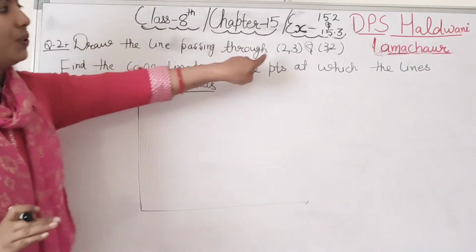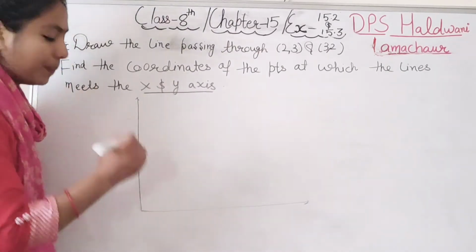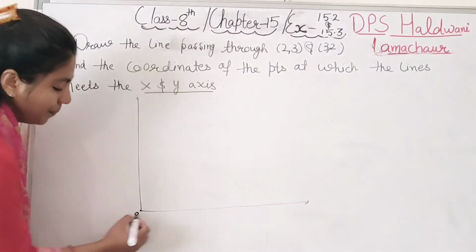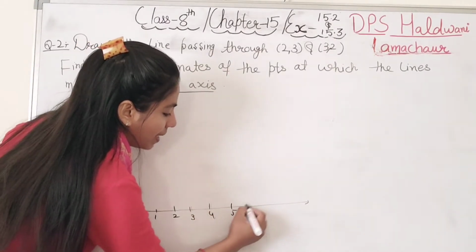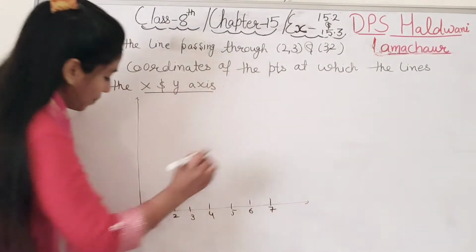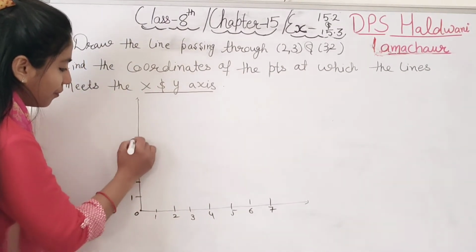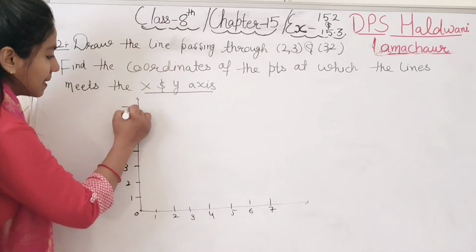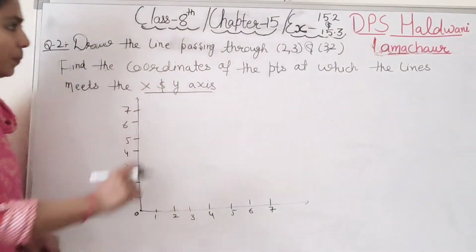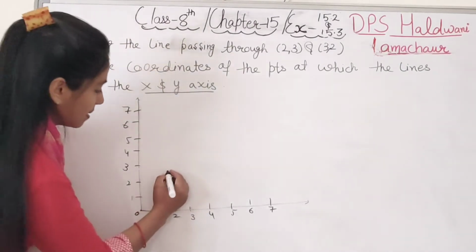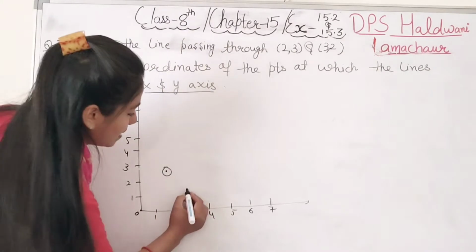First of all, draw these points on the graph. Make the numbers 0, 1, 2, 3, 4, 5, 6, 7 and so on along the x-axis, and along the y-axis also 1, 2, 3, 4, 5, 6, 7. Now plot the points: when x is 2, y is 3, and when x is 3, y is 2.